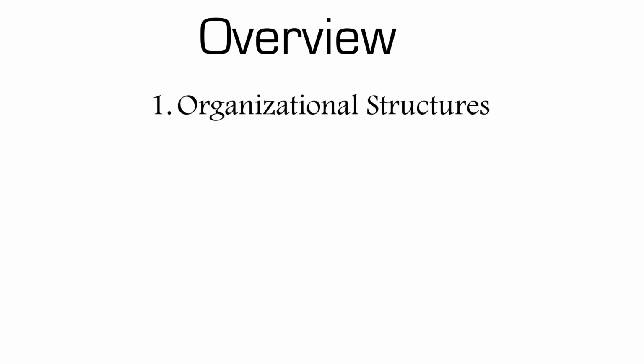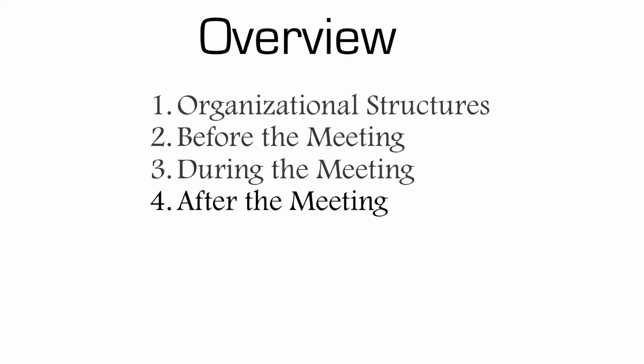Now, we talked about organizational structures. We talked about what to do before the meeting, during the meeting, and after the meeting. Basically, we said that after the meeting, you will prepare the minutes and send them to the people that were at the meeting, and you would file the minutes from the first meeting with the articles of incorporation and the bylaws, and that will become the board book.